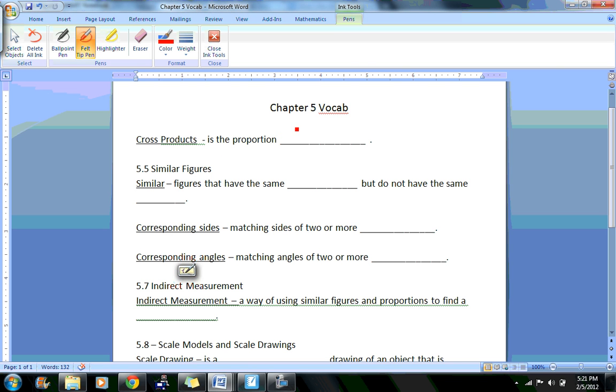And it's going to always be written as the proportion A over B is equal to C over D. So that means if we have two fractions, like 2 over 4, and I set it equal to another fraction, like 6 over 12, if I did the cross multiplication, 2 times 12, which is 24, and 4 times 6, that should always equal 24, which is something that we did before, but now we've got to just remember it.